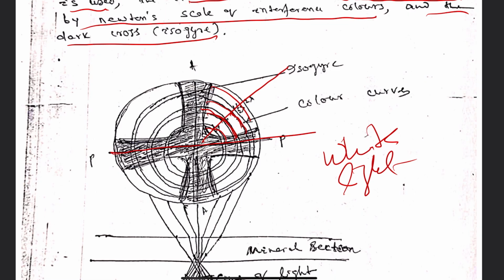Very dark line here, this is the dark cross, and around this cross we have, this is the thickness of the dark cross, because this is the polar direction.